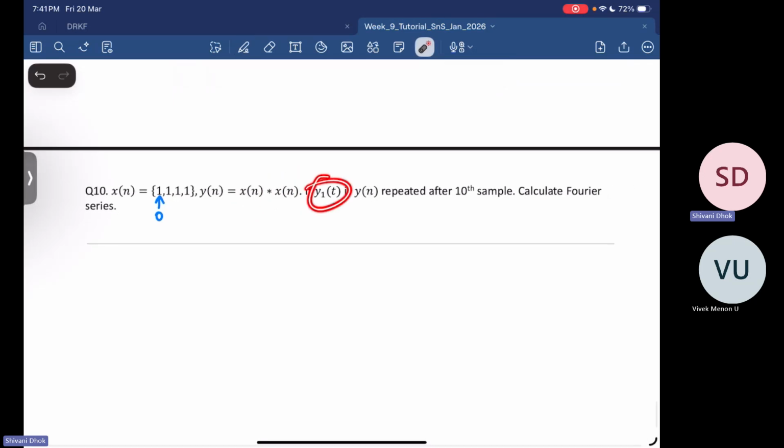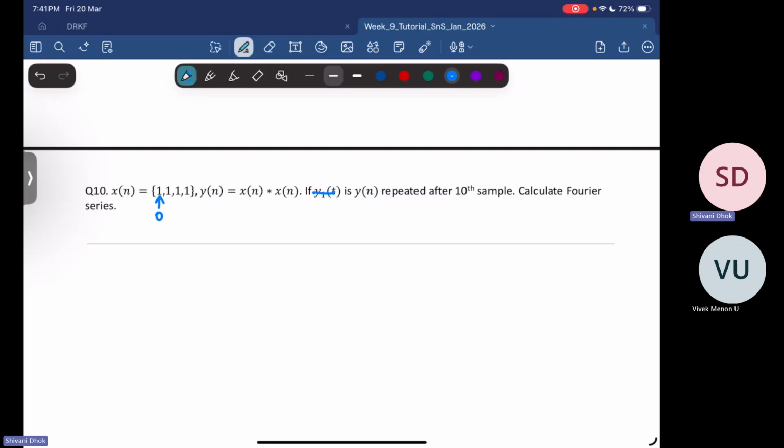If y1 of n is y of n repeated after every 10th sample, calculate the Fourier series coefficients.